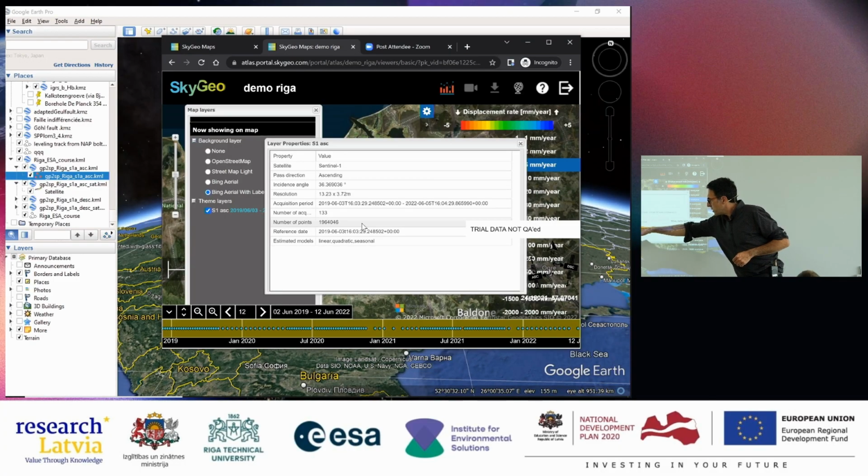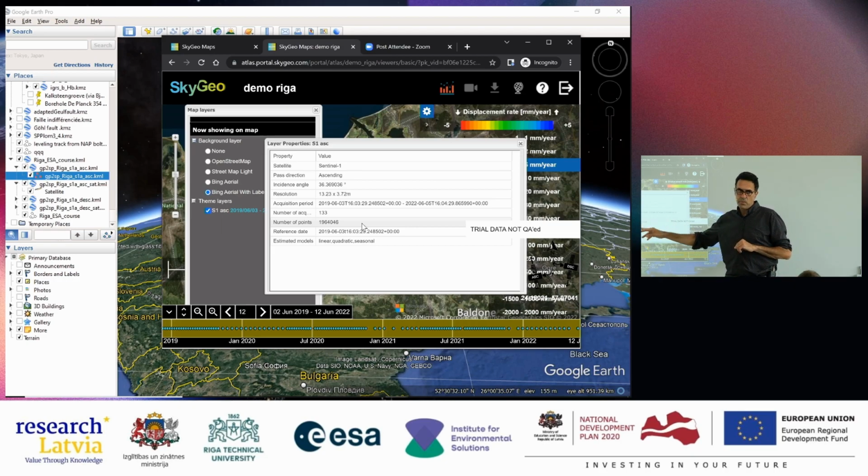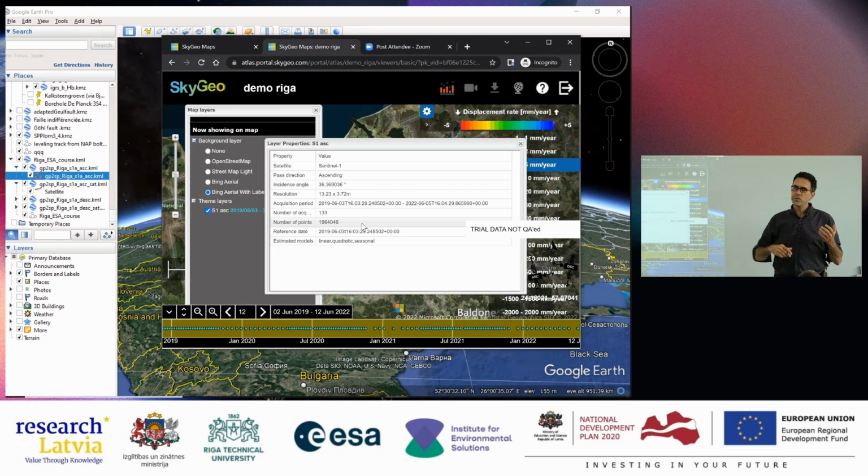So that means that we took 3 models combined: a linear model, which means constant rate, then a quadratic model, which means that if a point accelerates slightly, we can accommodate that with a quadratic term, and a seasonal component. And this is your question about the temperatures. We have seasons, we know that things expand in the summer and go down in winter, and actually if you look at soils, it's the other way around.